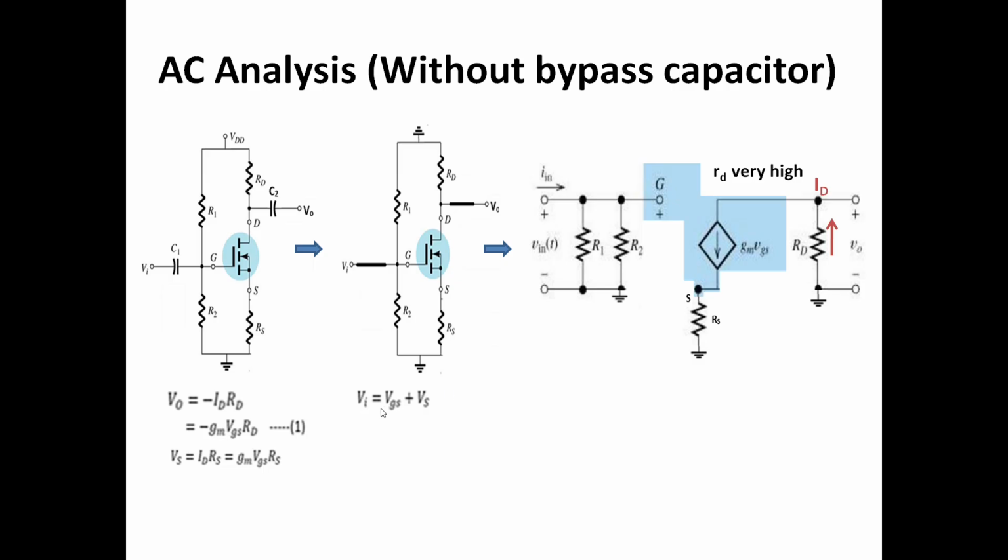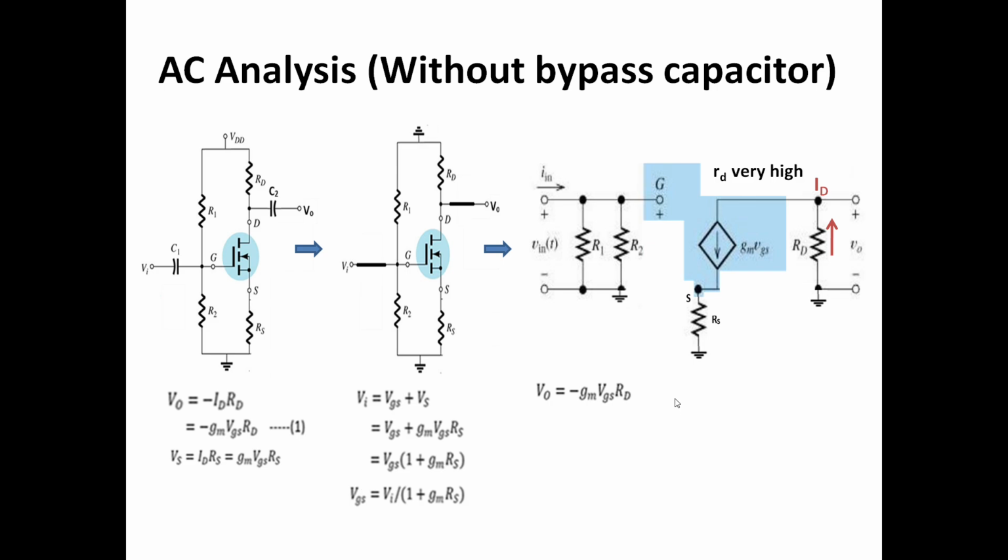So Vi or Vin equals VGS plus Vs, and Vs equals GM VGS RS. Replacing that, we can write Vi equals VGS into 1 plus GM RS. Now VGS equals Vi by 1 plus GM RS. So we have found the VGS with respect to the input potential.